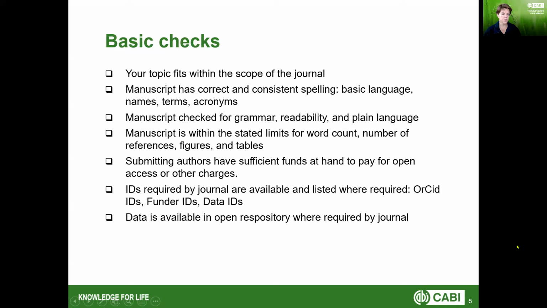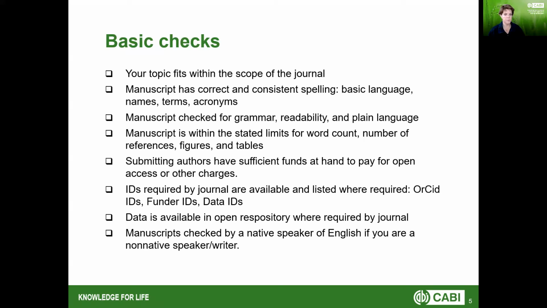You should try to put your data into an open repository, and you must do it when it's required by the journal. So look carefully at the instructions to authors and make sure that your data is in a repository if it's required, and that you have the correct ID numbers for that.